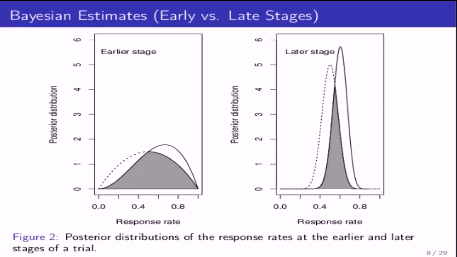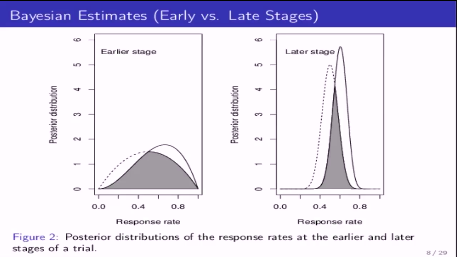Here I use a figure to show you the point. On the left is the early stage. At the beginning of the trial, you don't have much data, so you have two posterior distributions that are largely overlapping, because the data is very sparse and the posterior distribution is quite flat. But in the later stage of the trial, you have accumulated a lot of information about the two drugs, so the posterior distribution is getting sharper and sharper.